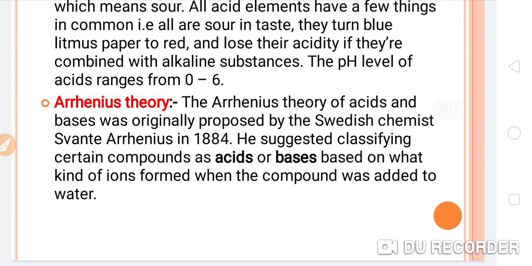Now the theory. The Arrhenius theory of acids and bases was originally proposed by the Swedish chemist Svante Arrhenius in 1884. He suggested classifying certain compounds as acids or bases based on what kind of ions formed when the compound was added to water.